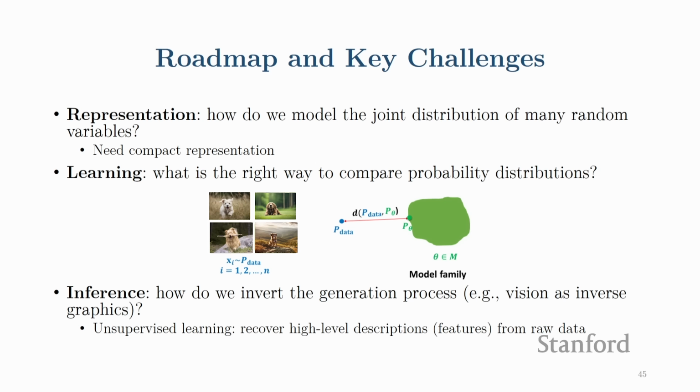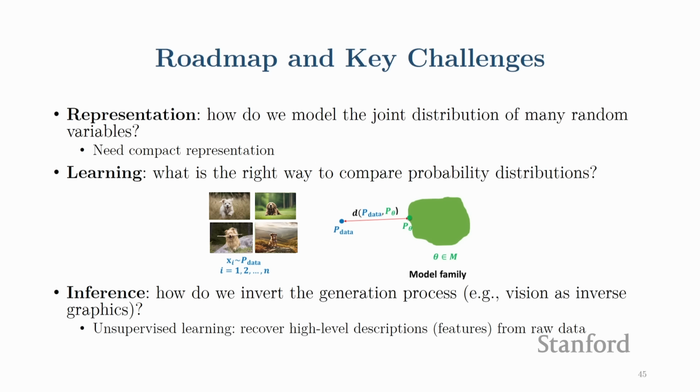You've seen simple probability distributions like Gaussians, but that doesn't work in this space because you have so many different things that you have to model at the same time. So you need to come up with clever ways to represent how all the different pixels in an image interact with each other, or how the different words in a sentence are connected to each other. And so a lot of the course content will focus on the different ideas, the different trade-offs that you have to make when you build these kinds of models.